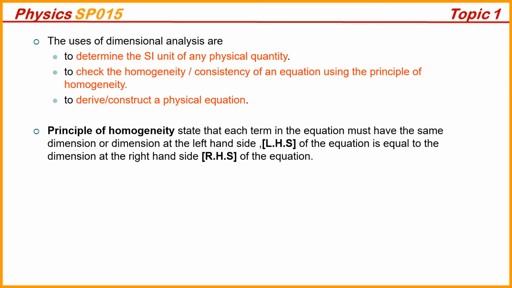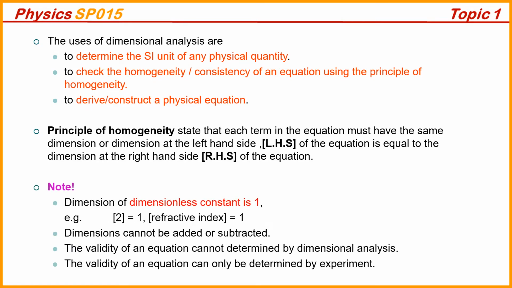The principle of homogeneity states that each term in the equation must have the same dimension, or the dimension at the left-hand side of the equation is equal to the dimension at the right-hand side of the equation. Do take note that the dimension of a dimensionless constant is equal to 1, such as the number 2. The dimension for the number 2 is equal to 1, and the refractive index is also equal to 1.